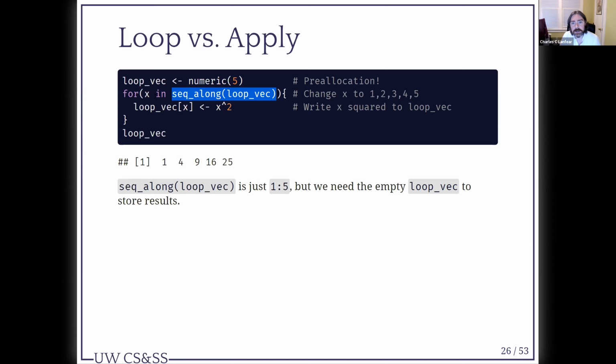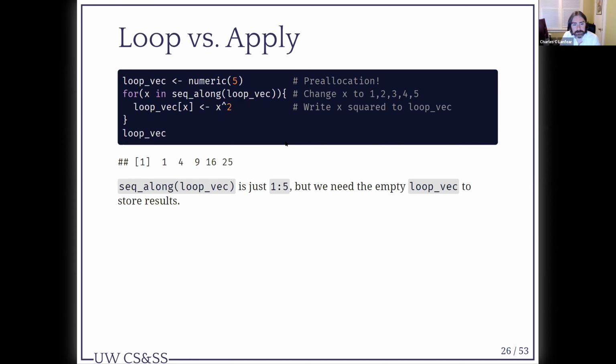Inside the loop, it's just going to replace x with 1, 2, 3, 4, and 5 here and here, which means it's going to assign 1 squared to the first element, 2 squared to the second element, 3 squared to the third element, and so on. If I display this loop_vec, I get 1 squared, 2 squared, 3 squared, 4 squared, and 5 squared, right? This isn't doing anything fancy, but this is a loop to do something.